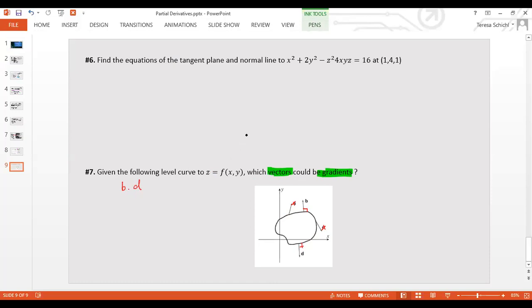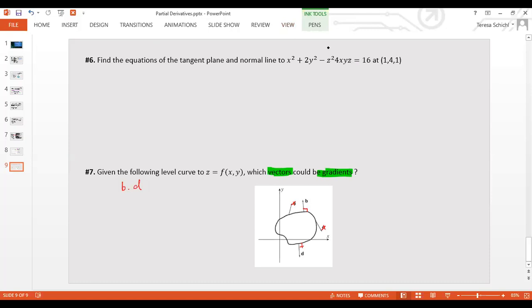Number 6 is just trying to practice what we just did. Find the equation of the tangent plane and the normal line to this function at (1, 4, 1).